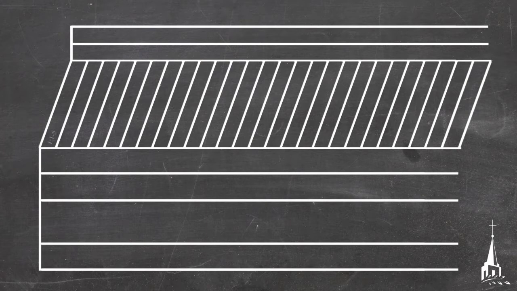in chapter 1, verses 1 through 5, then 1:6 through 10, 1:11 through 17, 1:18 through 24, 2:1 through 10, 2:11 through 14, 2:15 to 16, 2:17 to 20, 2:21.